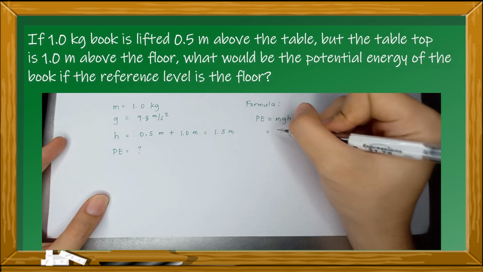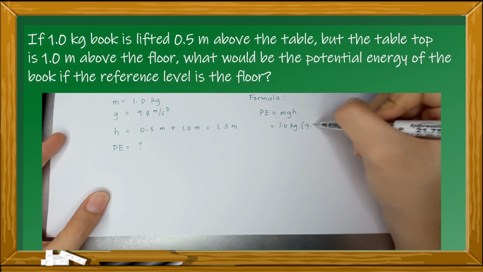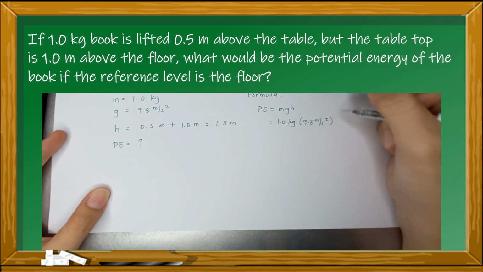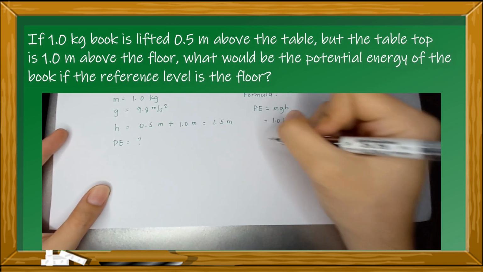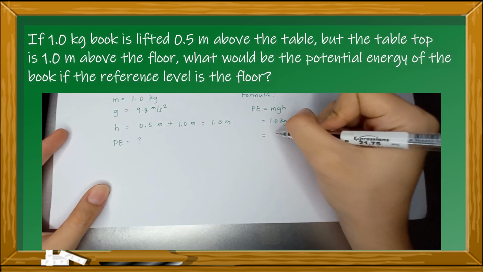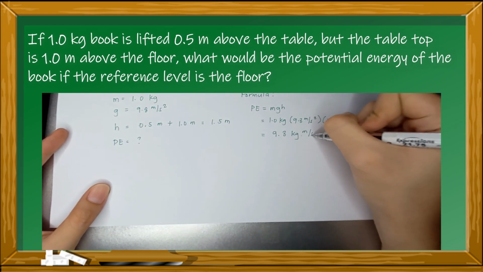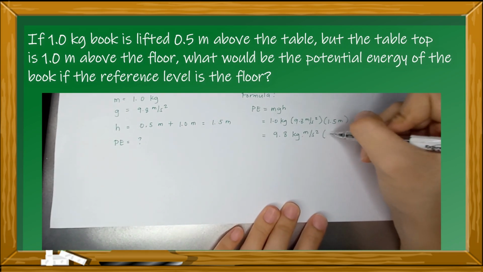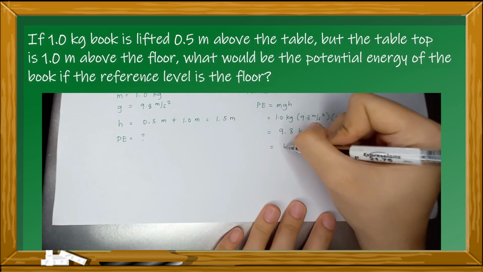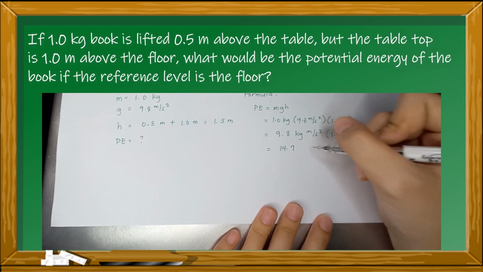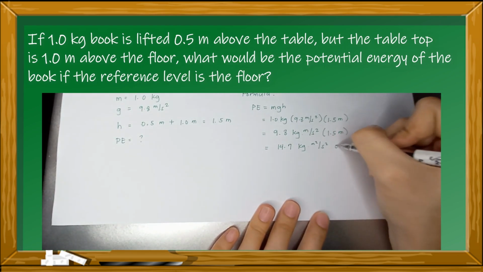Then, let's substitute. 1 kilogram times 9.8 meter per second square times the value of height, 1.5 meters. 1 times 9.8, we have 9.8 kilogram meter per second square times 1.5 meters. 9.8 times 1.5 is 14.7 kilogram meter squared per second squared.